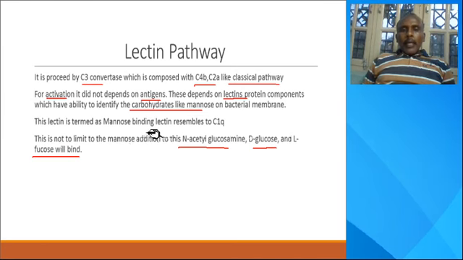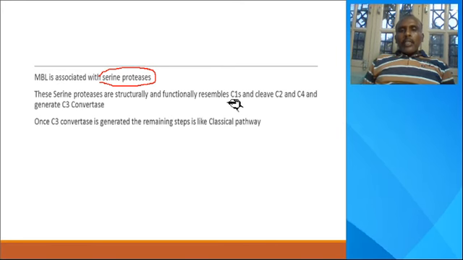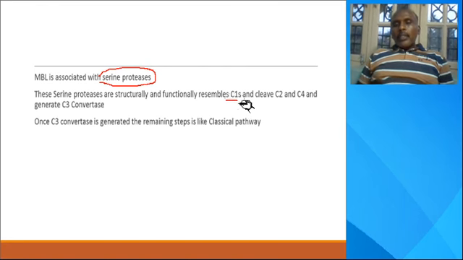So mannose binds to the lectin. This MBL resembles C1q, but is not C1q. Mannose binding lectin is associated with serine proteases, which are functionally similar to C1s in the classical pathway.